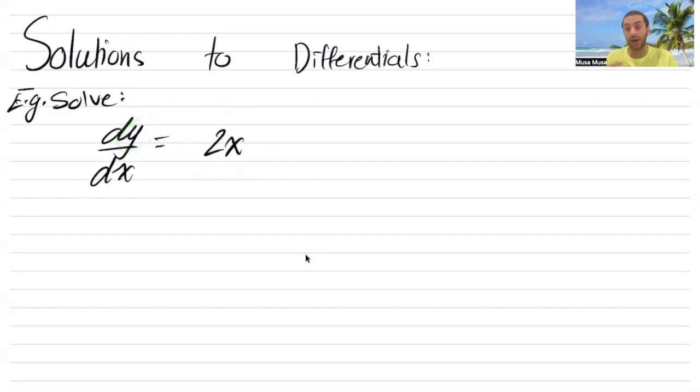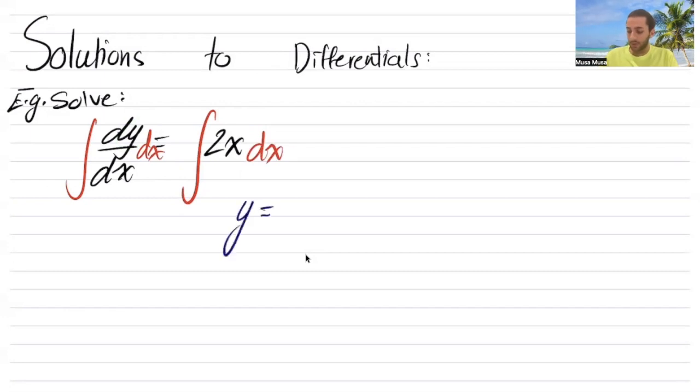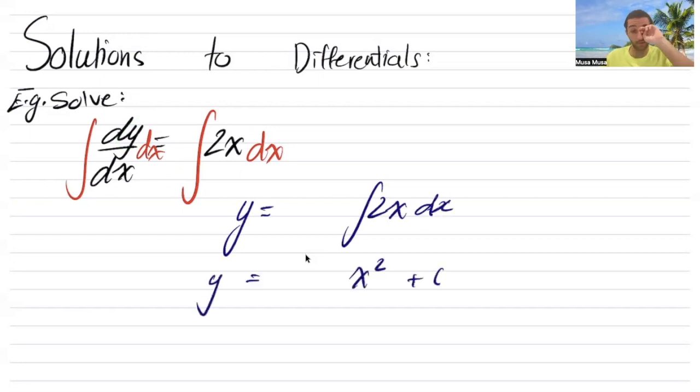So to find y, I have to integrate. Integral with respect to x, y equals the integral of 2x dx. Then of course this equals x squared plus c. There you go. y equals x squared plus c.